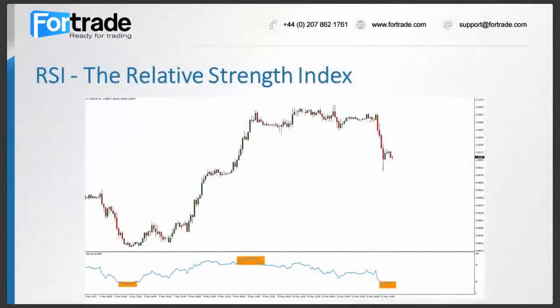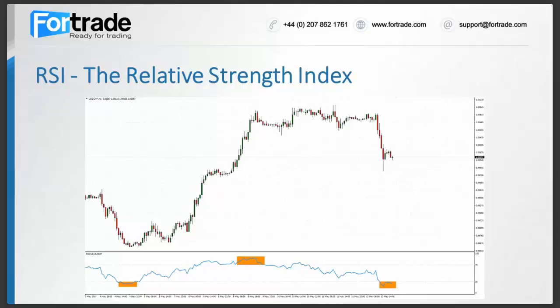The Relative Strength Index. This compares the magnitude of recent gains to recent losses in an attempt to determine overbought and oversold conditions of an instrument. As you see from the chart, it ranges from 0 to 100.